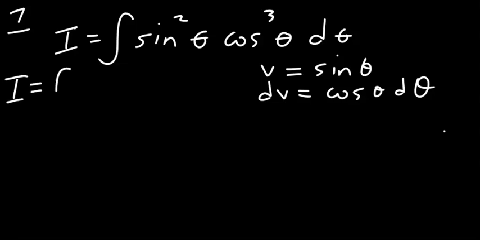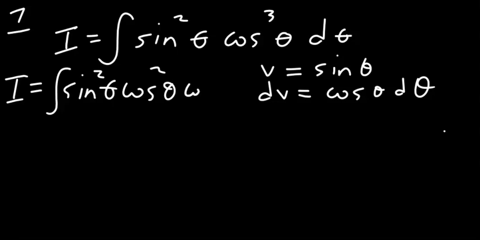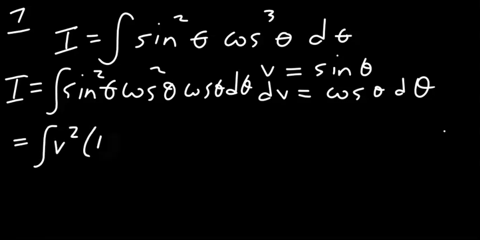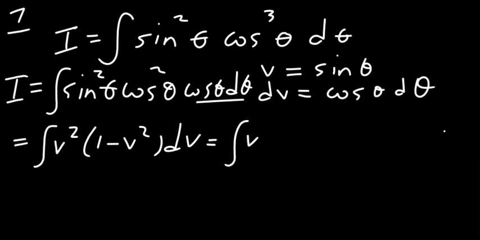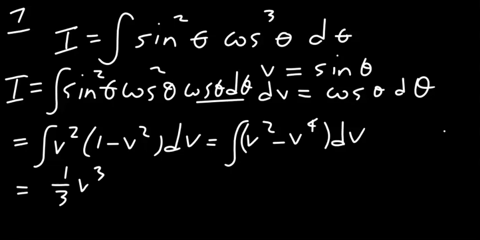Recognizing the fact that I can be written as sine squared theta, cosine squared theta, cosine theta d theta, in terms of v, it simply becomes v squared times 1 minus v squared for cosine squared, and cosine theta d theta is just dv, and this is just v squared minus v to the power of 4 dv, which we can easily solve to be 1/3 v cubed minus 1 over 5 v to the power of 5 plus an integration constant.